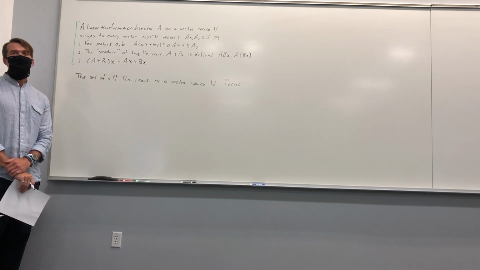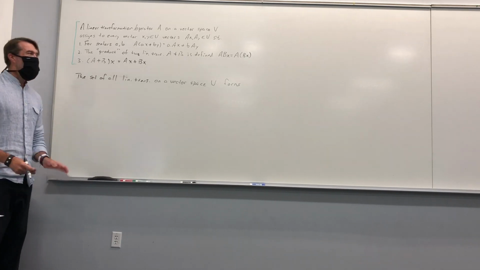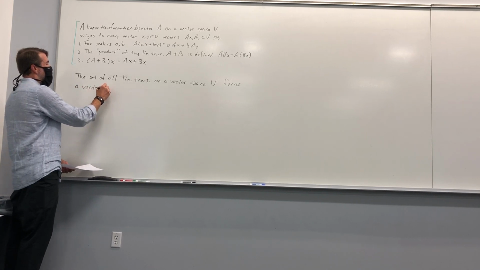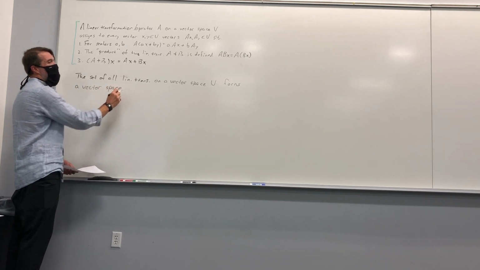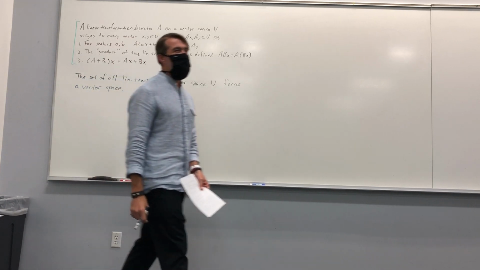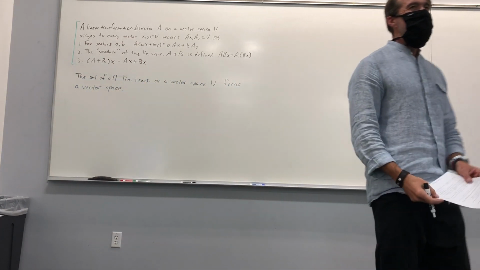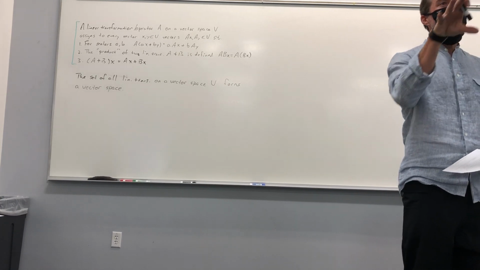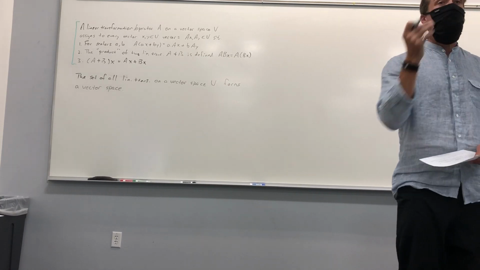Any guesses? They form a vector space. I know. This is where it gets so weird. You take a vector space, you define these transformations on the vector space. All those transformations form a vector space as well, but they do. Okay?